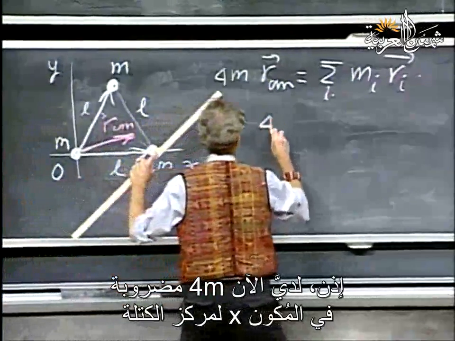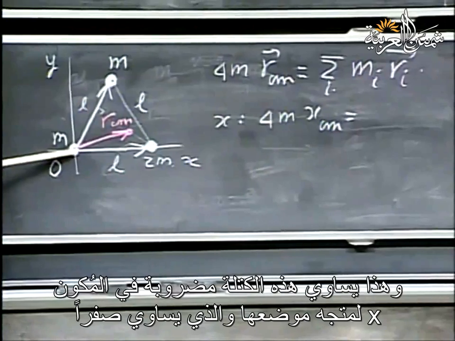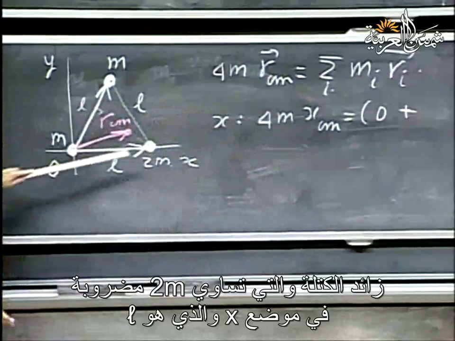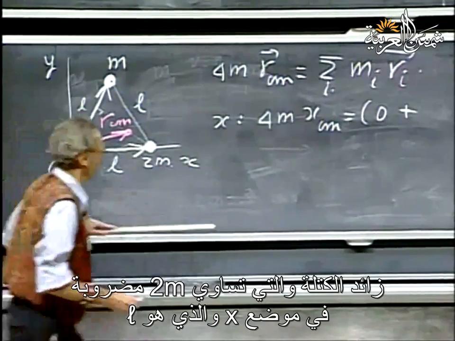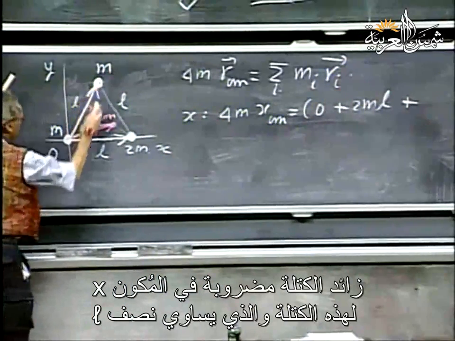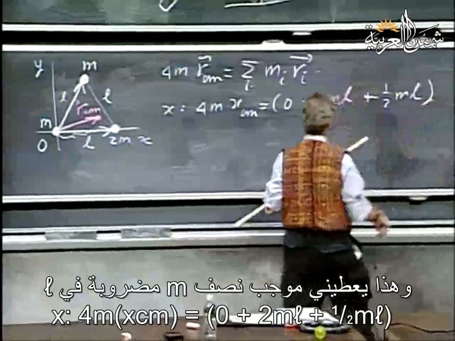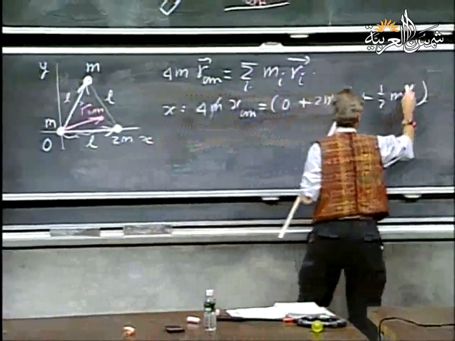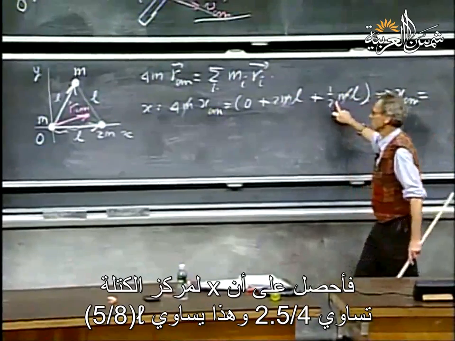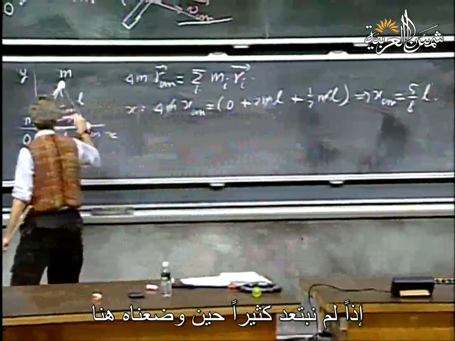So now I have that 4m times the x component of the center of mass equals this mass times the x component of its position vector, which is 0, plus this mass, which is 2m, times the x position, which is L, so plus 2m times L, plus this mass times the x component of this position, which is 1/2 L. So that gives me plus 1/2 m times L. My m goes, and so I get that x center of mass equals 2.5 divided by 4, that is 5/8 L. So we were not too far off where we put it.